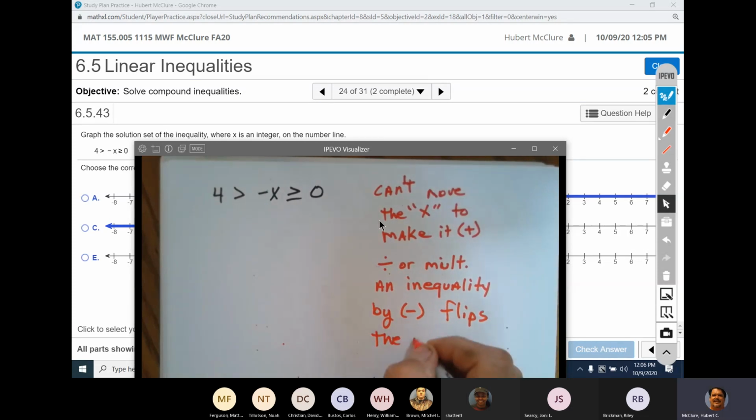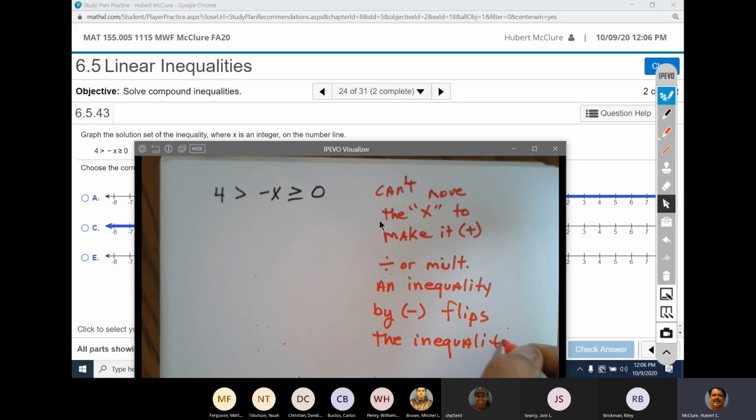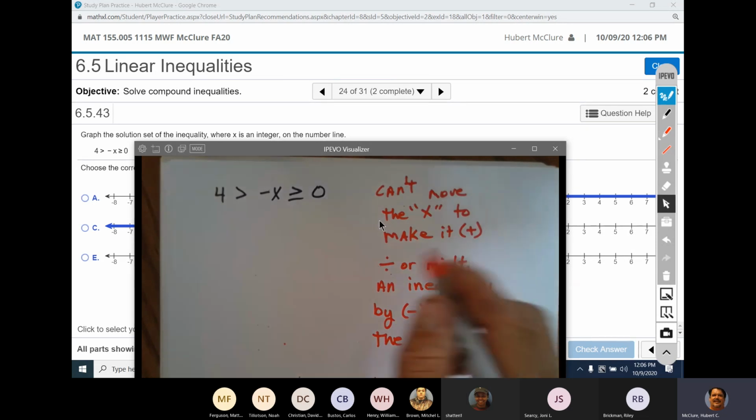Now, the reason I don't teach this very much is because students forget to do it. And that's why if I give you 9 problems, 10 problems, and 9 of them you can move the X, I would much rather you do that than try to remember this.